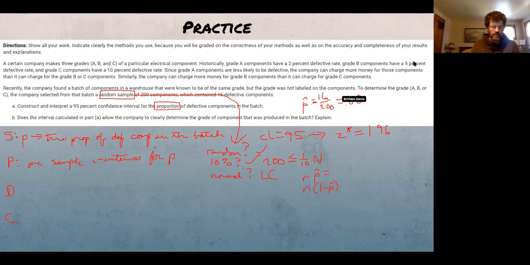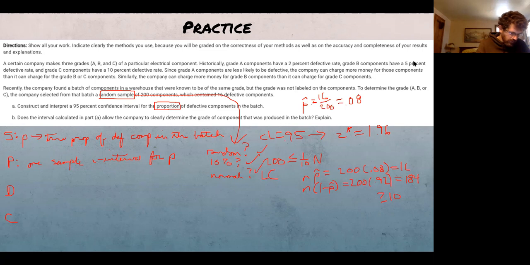And hopefully you guys can figure out, if we do 200 times 0.08, we're going to get back to where we started, which is 16. So 200 times 0.92 is going to give me the complement to that, which is 184. Both of those are greater than or equal to 10. So we have met large counts, and it is normal.